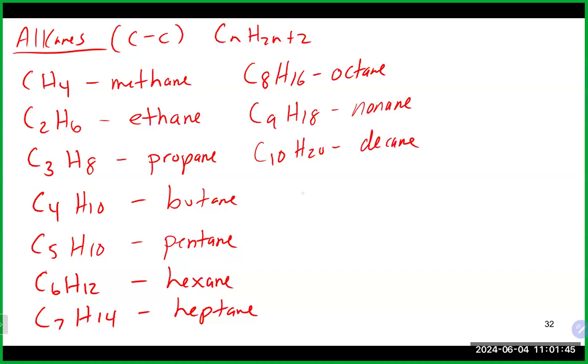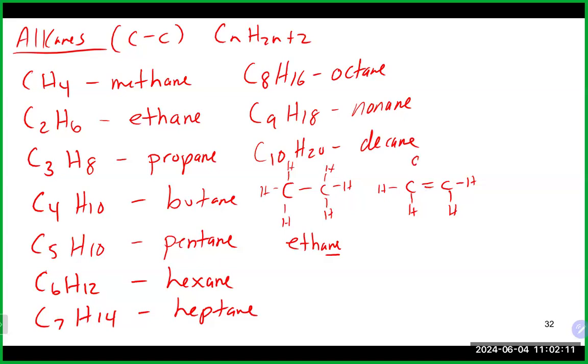As we saw earlier, we had our C2H6, which is ethane. We threw a double bond in there. Still based off of two carbons, which is ethane, but it has a double bond.